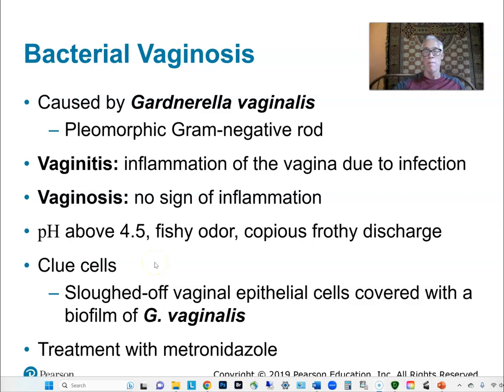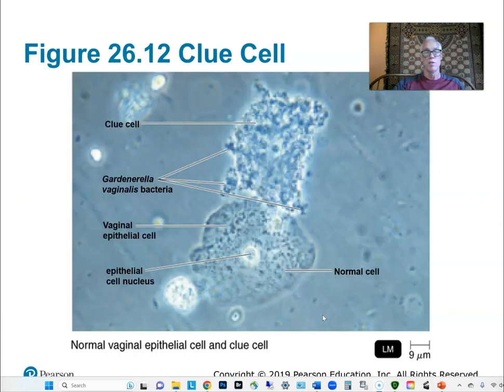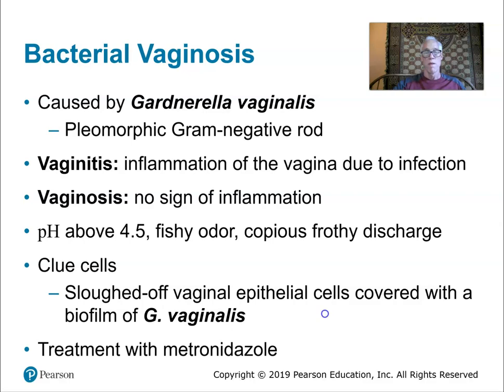When you take a sample for testing, you'll see a lot of squamous epithelial cells, which you'll see in any case because they're always being shed from the vaginal epithelium. You'll also see lots and lots of bacteria on them, which you normally wouldn't see. Those are called clue cells because they tip off that there's bacterial infection there, causing this vaginosis, causing this unsavory discharge. Treatment is with metronidazole.